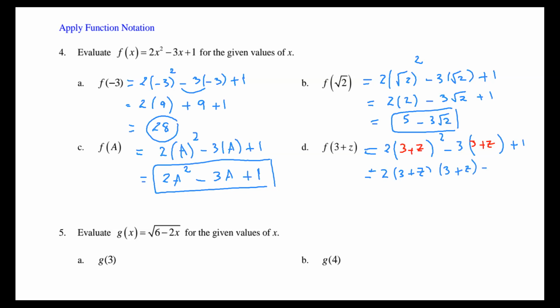Minus, distribute the -3, so we get -9 minus 3z plus 1. When you expand using FOIL, 3 times 3 is 9.